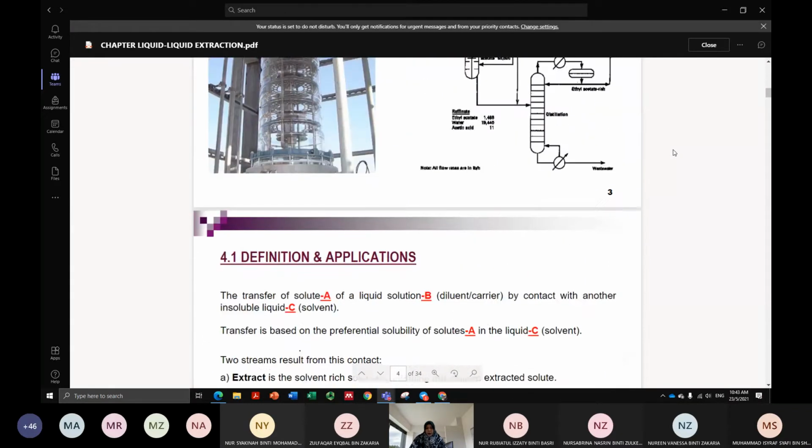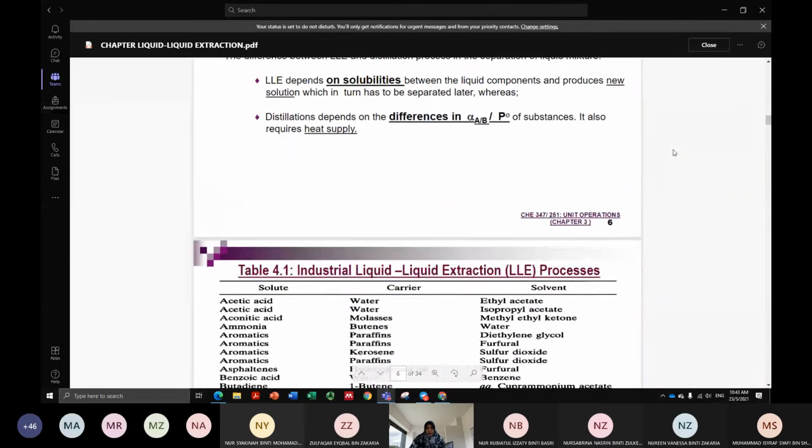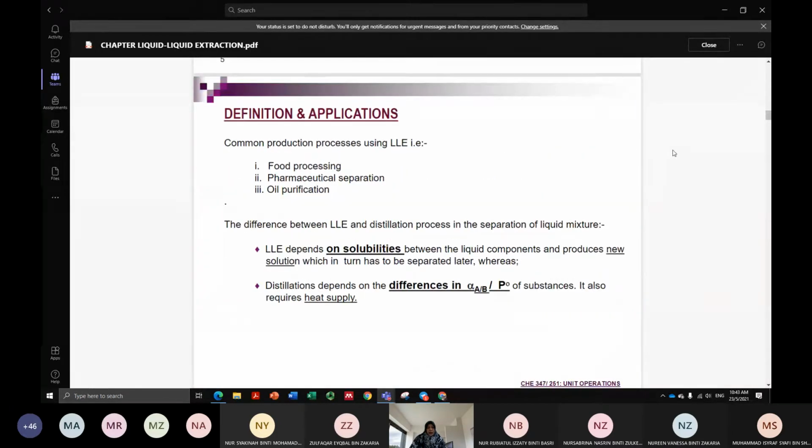All right, in the last class we learned about the principle of LLE, and you have to know that LLE depends on the solubilities between the liquid components, which need to be separated.